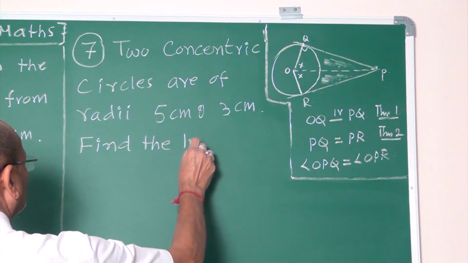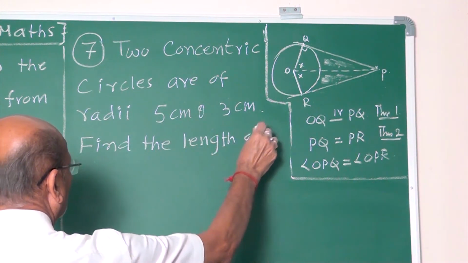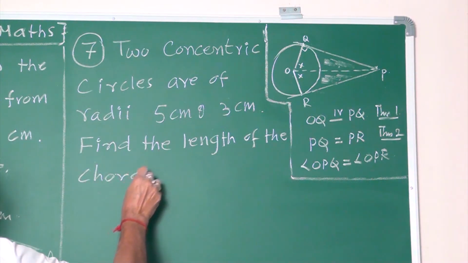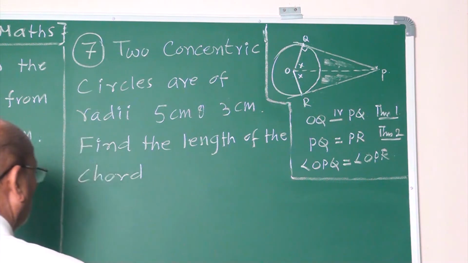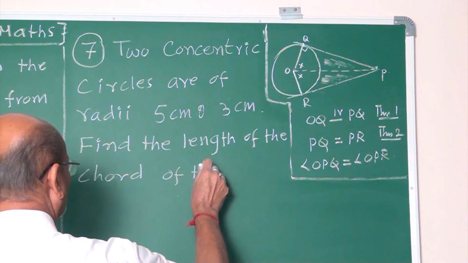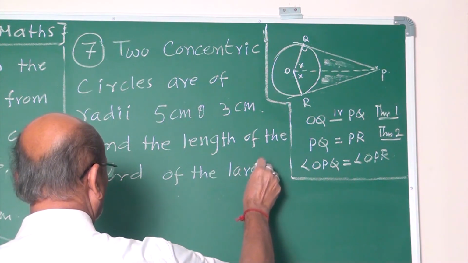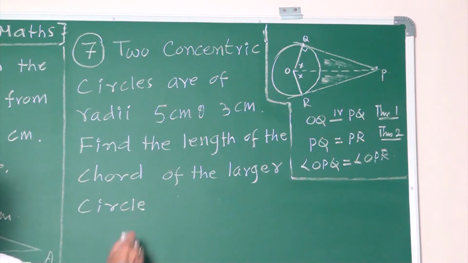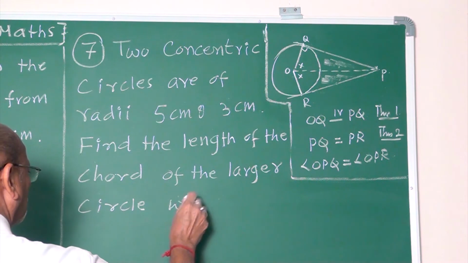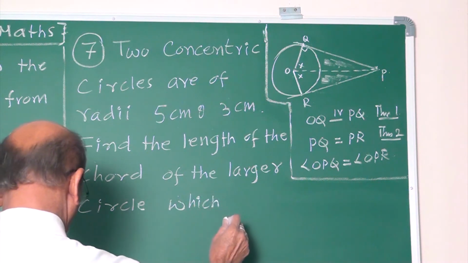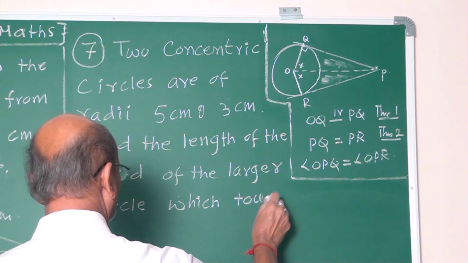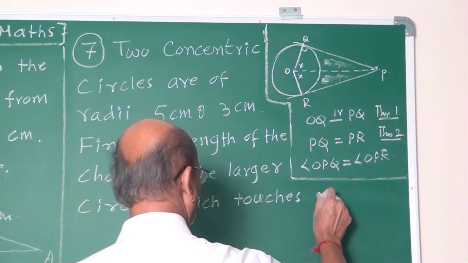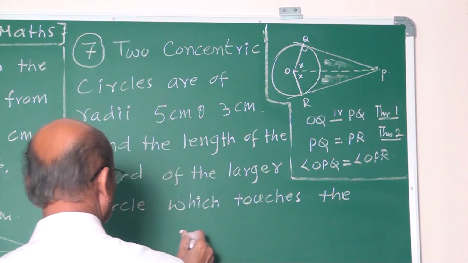Find the length of the chord of the larger circle which touches the smaller circle. This is a good example.